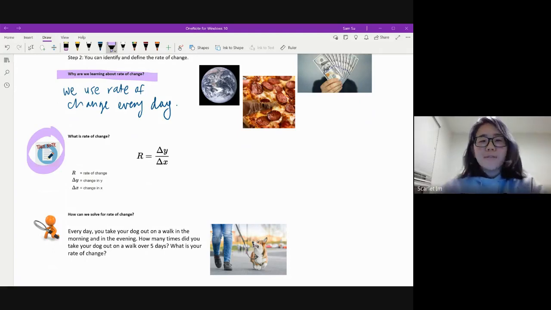So here I have a formula that we represent rate of change with in math. It might look a little overwhelming, but don't worry, it all makes sense. So this capital R is basically another way to write rate of change. This triangle Y, this triangle is actually called the delta symbol.